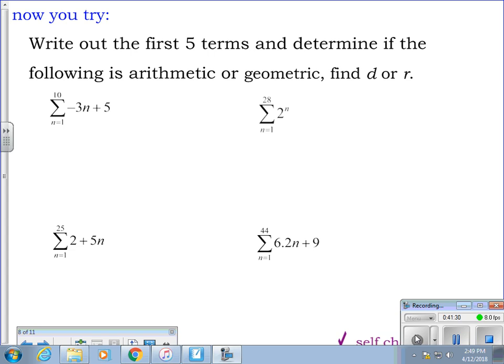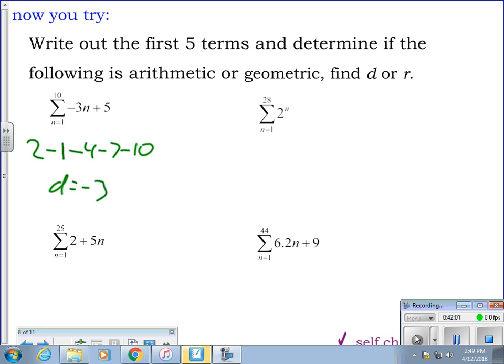So, on the first one here, the first one is 2. And then I get 2, -1, -4, -7, -10. And this one would be arithmetic, and d would be -3, because I go down 3 each time.